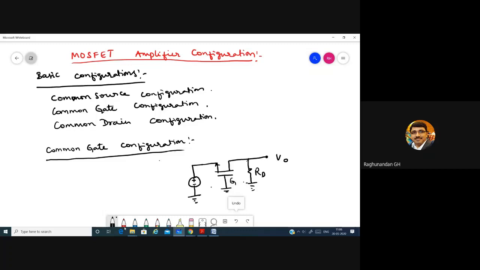In the same way, the next one is common drain configuration. So in the common drain configuration, the drain will be common for both the circuits, that is the input circuit as well as the output circuit.